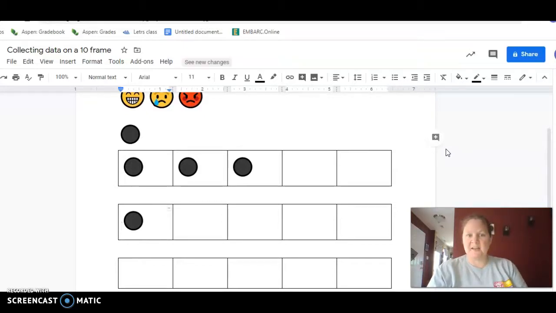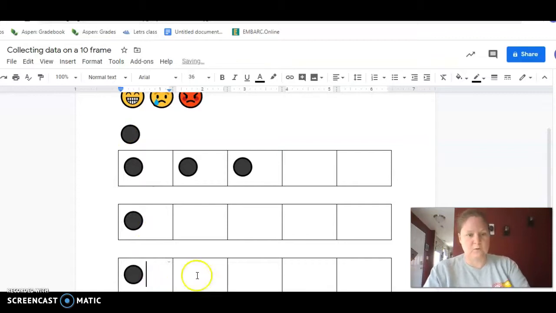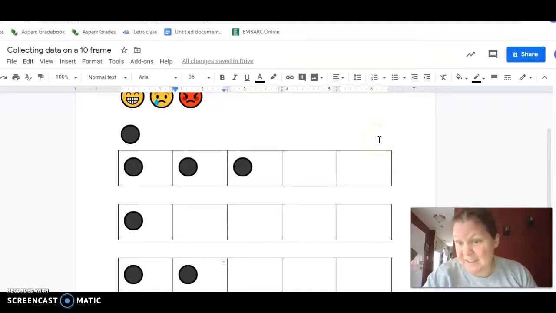Let's say 2 people were mad right now. So how many circles am I going to need to put into my mad 5 frame down here? 2, because my data has to match. So if 2 people said they were mad, I would need to put 2 circles. 1, 2. All right, so this is my pretend data collection.